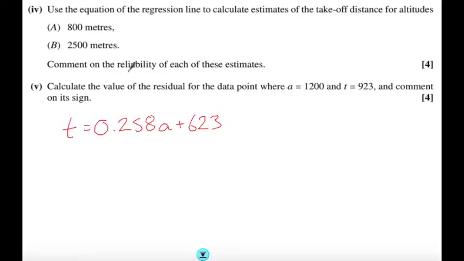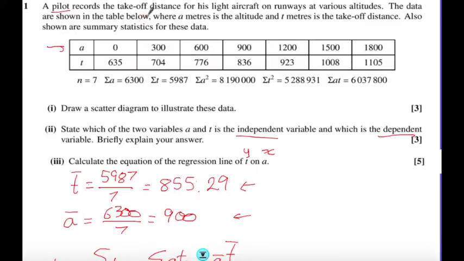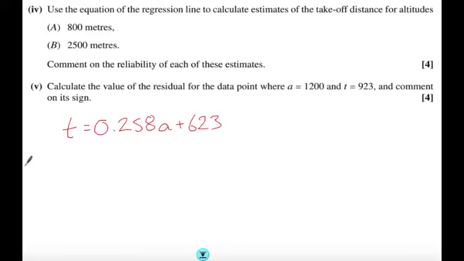Yeah, right, so the takeoff distances for altitude is 800. I just want to make sure that altitude is the right bit. Yeah, altitude is A. So if we sub in 800, so I'm going to do 0.258 times 800 plus 623 is 828.6 meters.